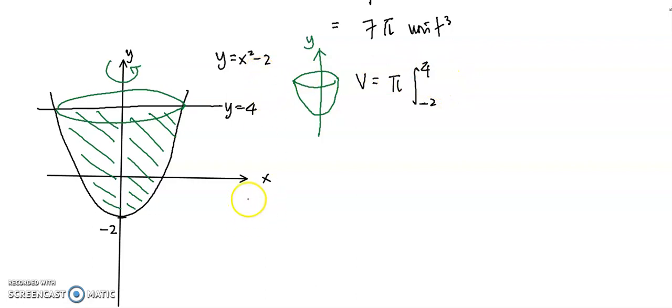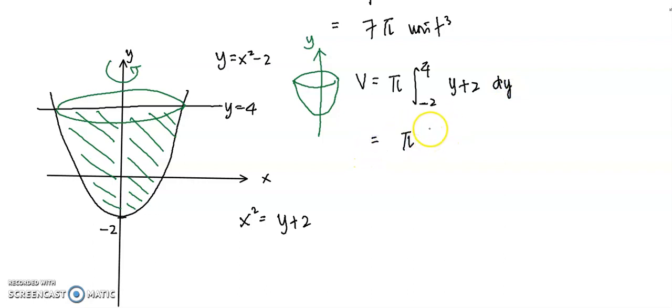You have y equals x squared minus 2. To get x squared, you just add 2 to both sides. You have y plus 2. So this is already in terms of x squared, right? So we just put in x squared as y plus 2. That's it, and integrate this with respect to y.